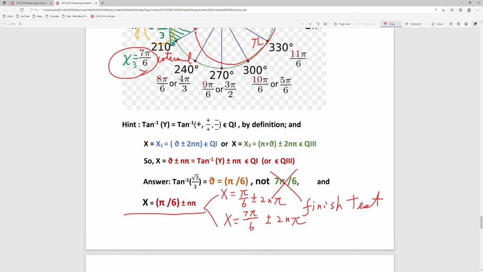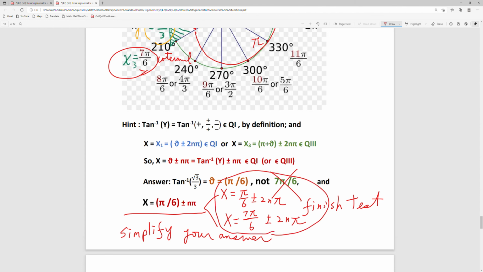Why? When you provide your test solution to your teacher, you need to simplify your answer. So I will say this answer is not simplified yet.